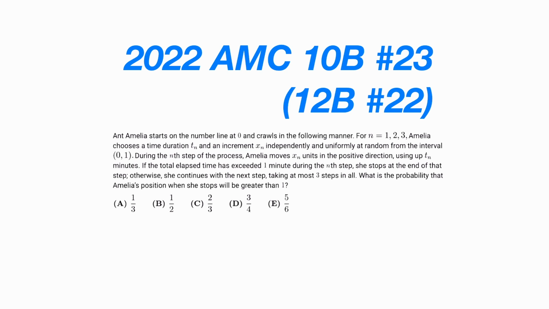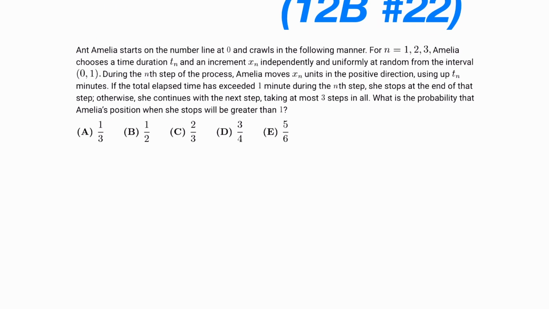So this problem says, Ant Amelia starts on the number line at 0 and crawls in the following manner. For n equal to 1 to 3, Amelia chooses a time duration tn and increment xn independently and uniformly at random from the interval 0, 1. During the nth step of the process, Amelia moves xn units in the positive direction, taking up tn minutes.